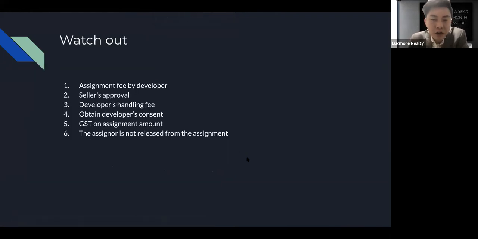So what you have to watch out for is the assignment fee by the developer. You have to look at the contract, how much the developer is charging for pre-sale assignment. Sometimes it could be 1%, sometimes it could be 30% of your profit, or it could say at least 1%. So you have to really be careful what the contract says.